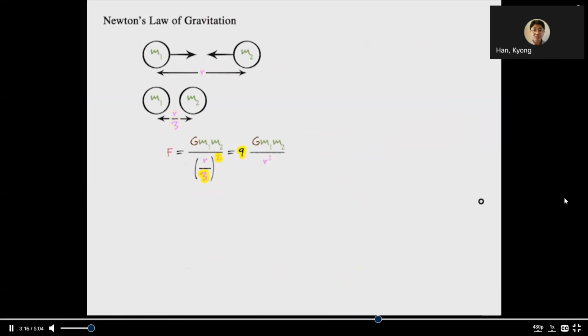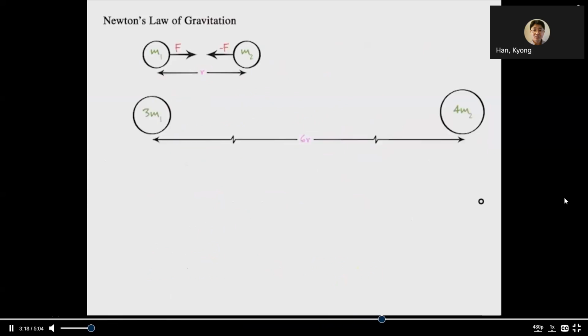Of course, it may be that both the masses and the distances change at once. Let's try one. Let's compare the force of the original situation to one in which M1 increases by 3, M2 increases by 4, and the distance increases by 6.